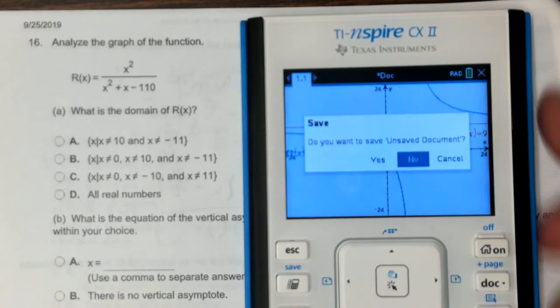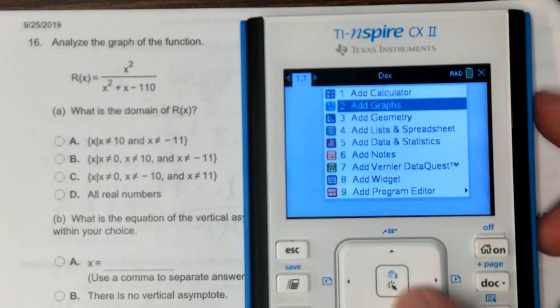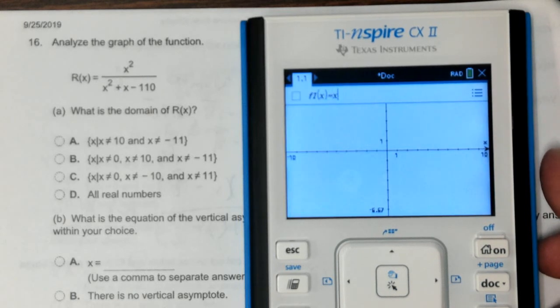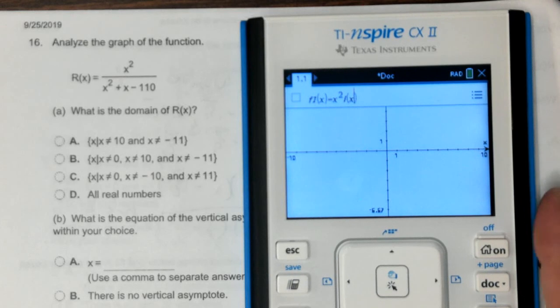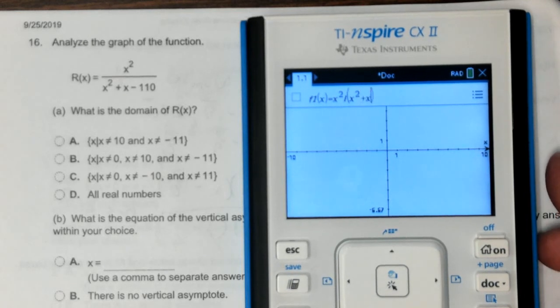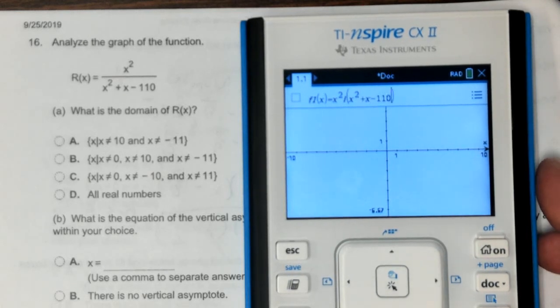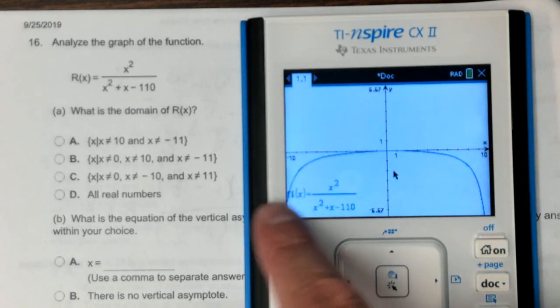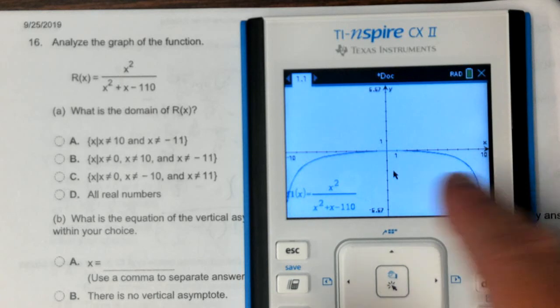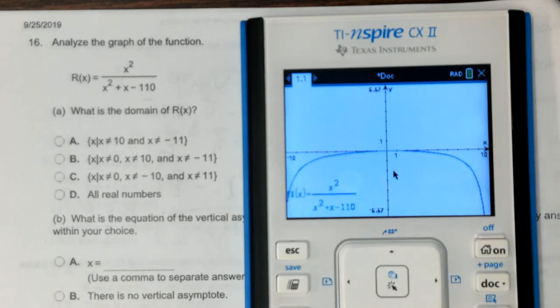So let's look at this. We have x squared divided by x squared plus x minus 110. I know I'm going to have to adjust my window, but it looks like 10 is going to be one of them and negative 11 the other.